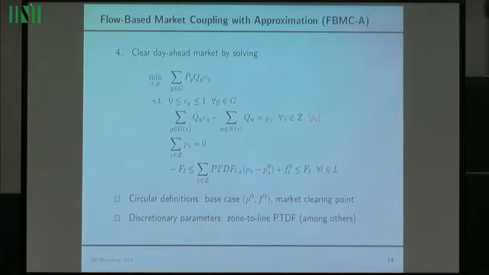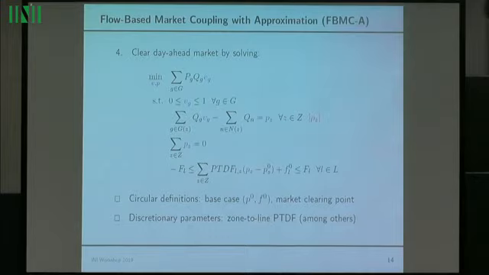Now, the practical problems here are two. The first is that we would ideally like the point around which we're linearizing, in order to improve accuracy, to be close to the market clearing solution of this model. But the market clearing solution of this model affects the base point. So we have a circular definition.